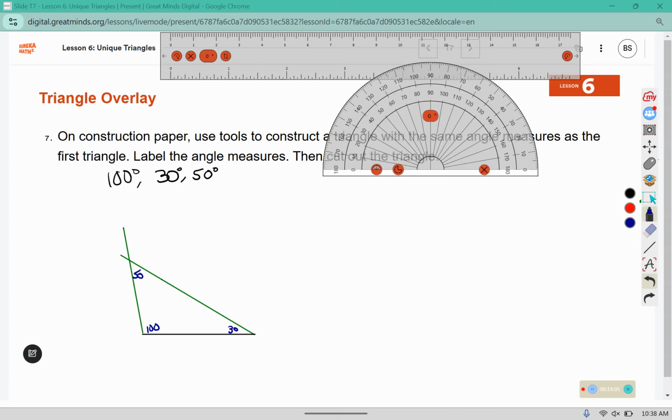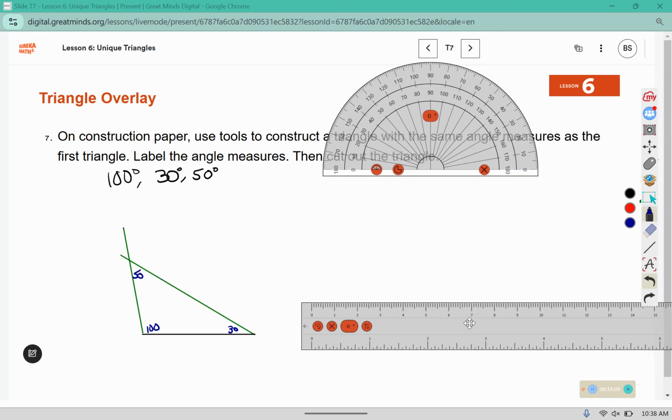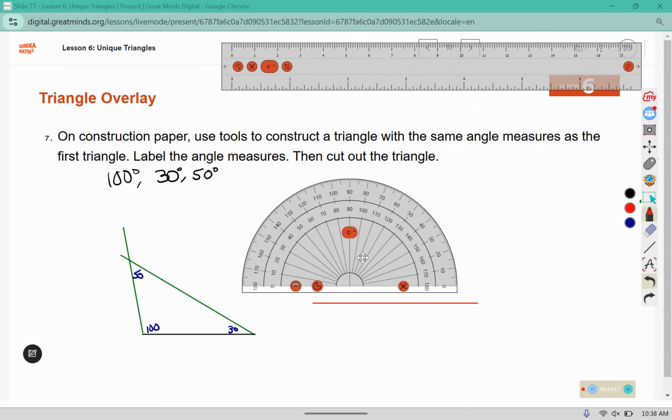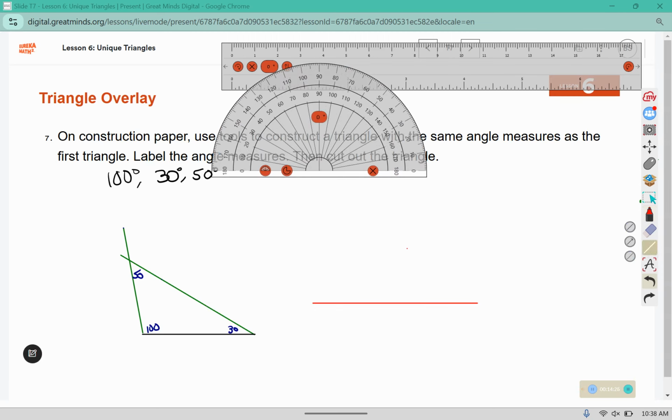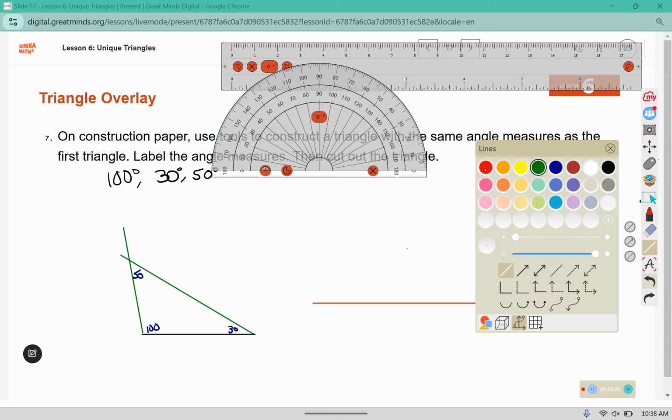Now we're going to create a second triangle. This time let's put 30 over here. And we'll connect those using a straight edge.